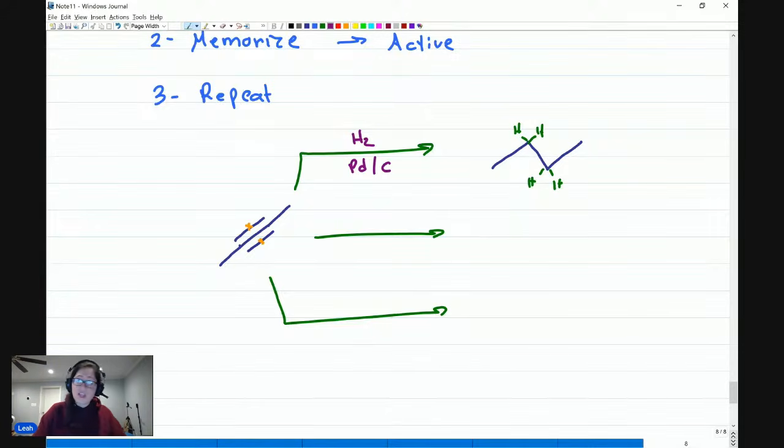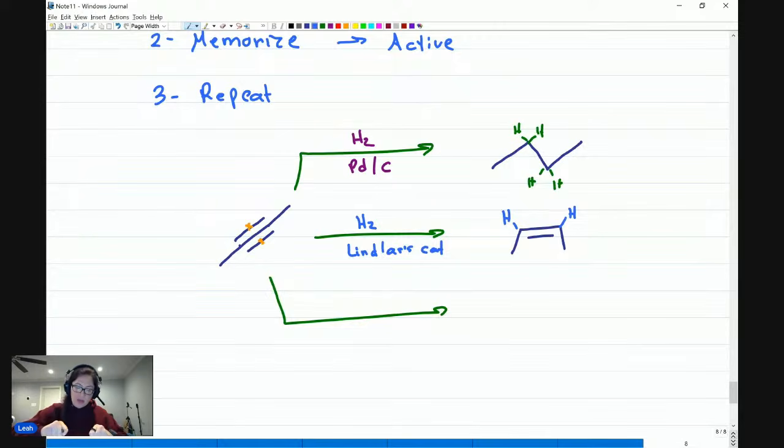But if I react this with a less reactive hydrogen, for example, H2, let me change the color, if I react it with H2 and something like a Lindlar's catalyst, this is also going to add hydrogen, breaking the pi bond, but it's not going to break both of the pi bonds. It just breaks one pi and therefore gives me only one hydrogen per carbon. Now, what is happening here is that the Lindlar's catalyst is like a poison metal catalyst.